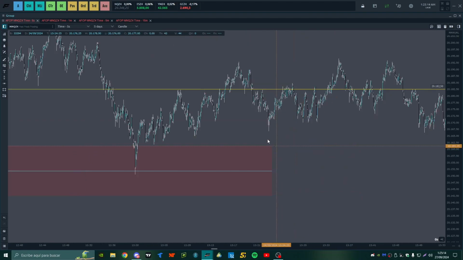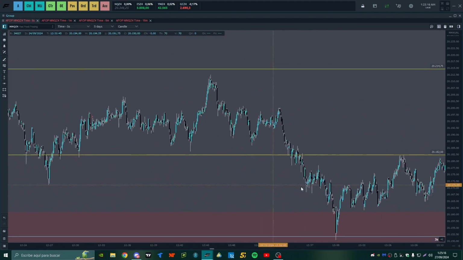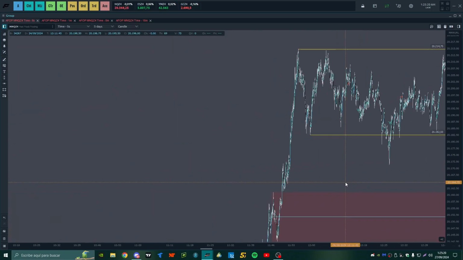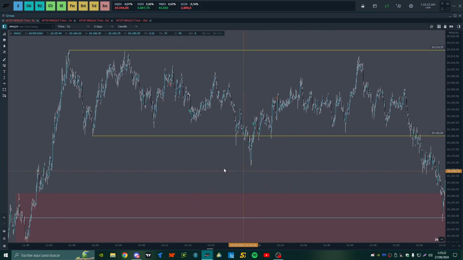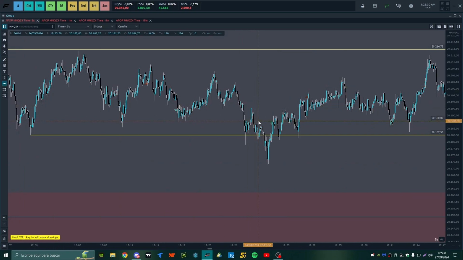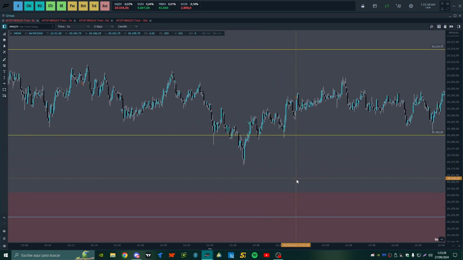So, well, we touch this area over here. And what happens? How do I see it as a potential AMD? We already left the range we were in, and I put a buy stop up here, above this. Why?